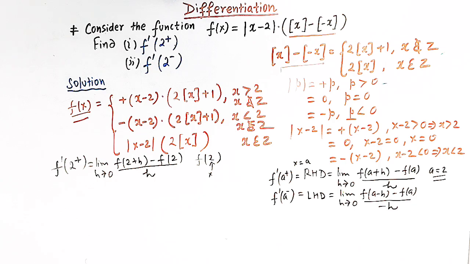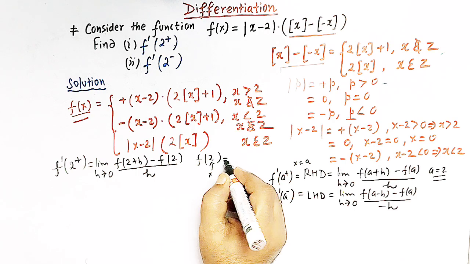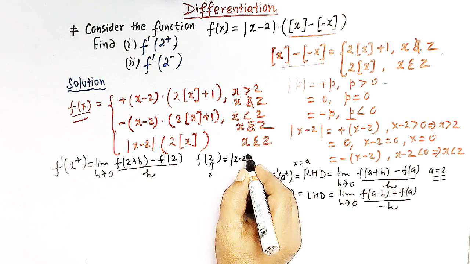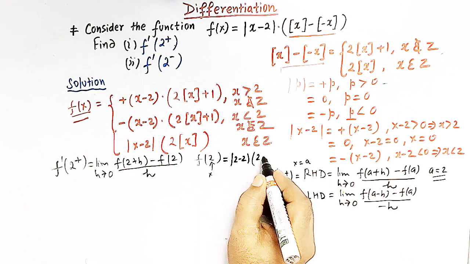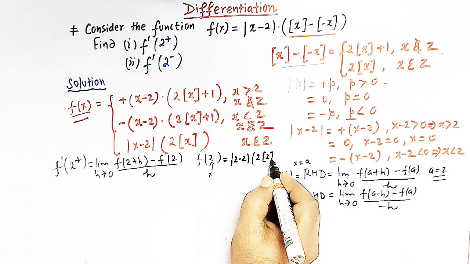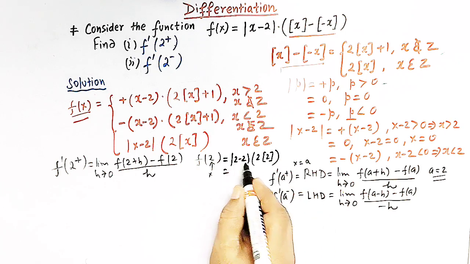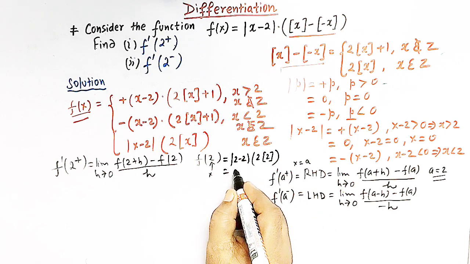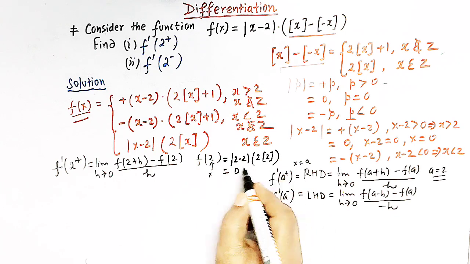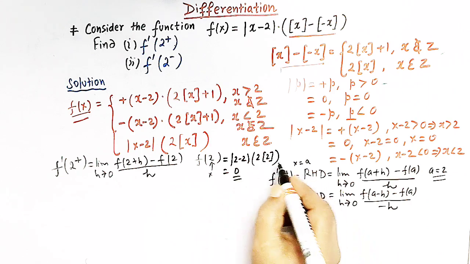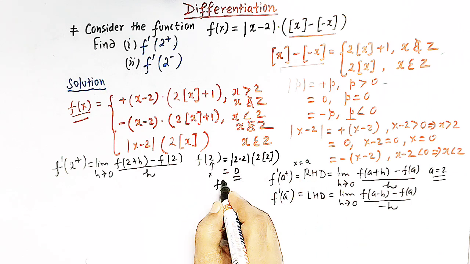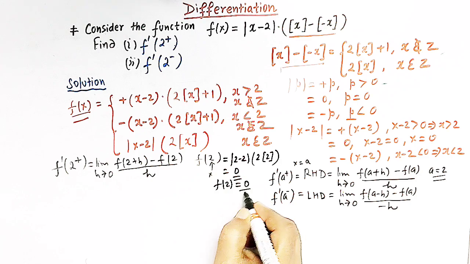So we can now write f of 2 as mod of 2 minus 2, and here we have 2 times the greatest integer of 2. So mod of 2 minus 2, this is 0, so this entire term reduces to 0. So we have f of 2 equal to 0, right?